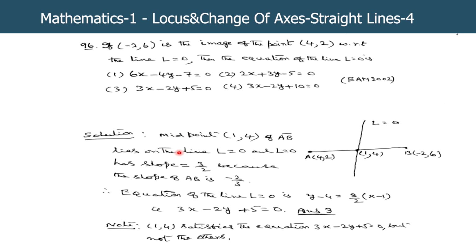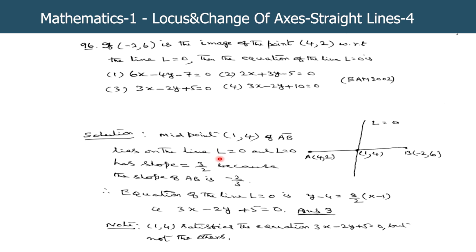Now, suppose A is equal to 4, 2 and B is equal to minus 2, minus 6. Then the midpoint of AB bar is simply 1 comma, minus 6 plus 2 by 2, which is minus 2. So midpoint AB bar is 1 comma minus 2.